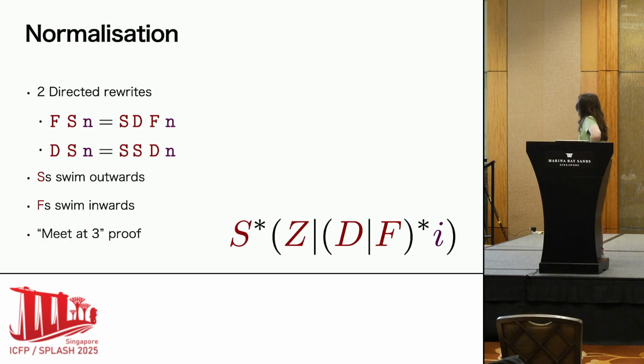Normalization of these things is fairly easy. We just have a couple of rewrites. We push all of the f's inwards. We pull all the s's outwards, and we have the d's in the middle. There's a nice proof of this in the paper, that we only have to prove that they align for I equals 0, 1, or 2 to be the valid normal form.